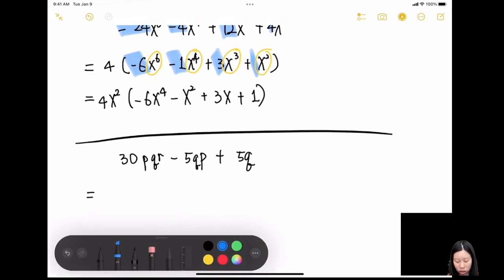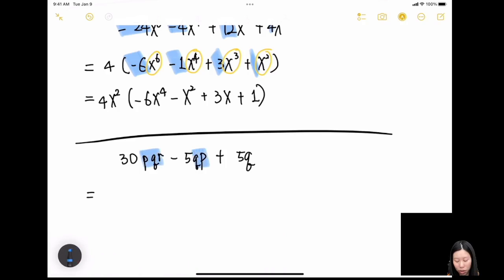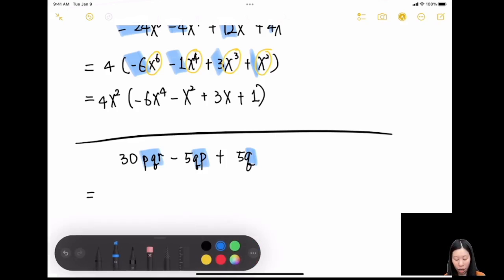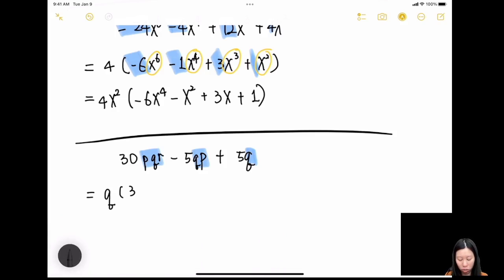So now let's take a look at the letters, which are variables. For the first term, we have PQR. The second one, we have QP. The third one, we only have Q. So what do they have in common? They all have Q. So we factor the Q out. What's left is 30PR minus 5P plus 5.